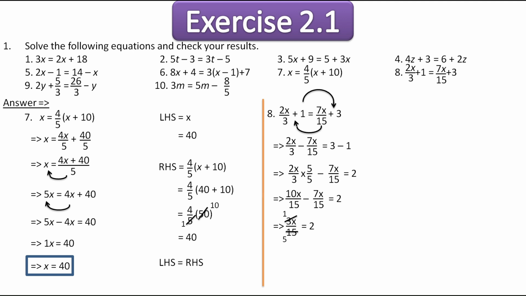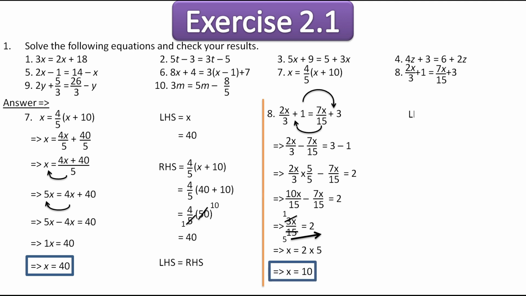Now we will send this 5 to the right hand side, as 5 is dividing the number, so when it goes to the right hand side it will get multiplied with the number present on the right hand side. Okay, so we got x is equal to 2 into 5, so x is equal to 10. Okay, so we got the value of x as 10.